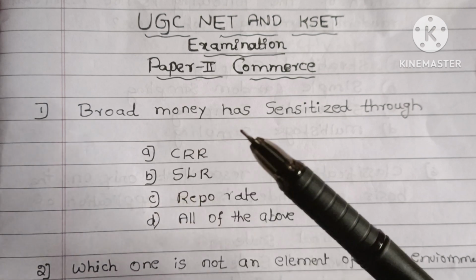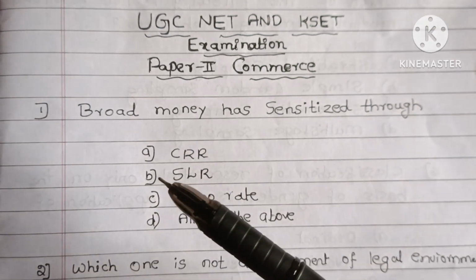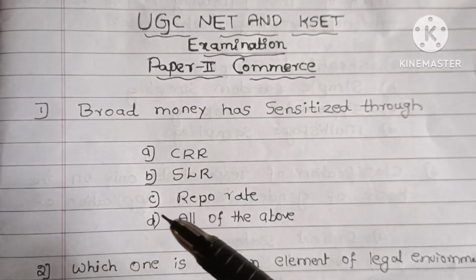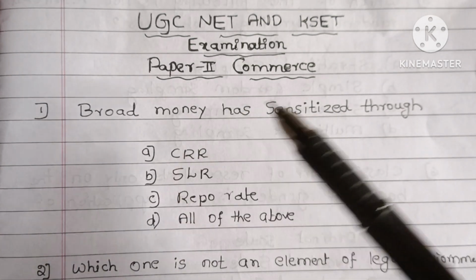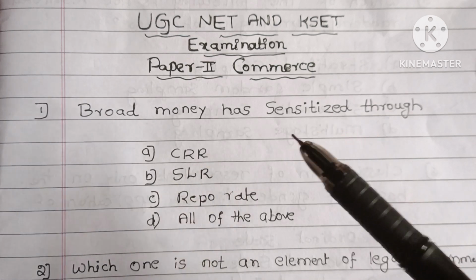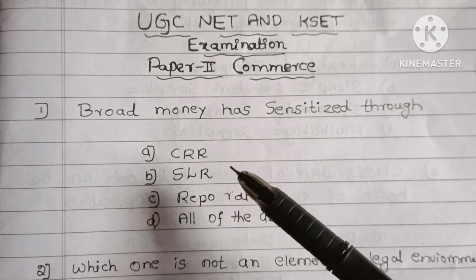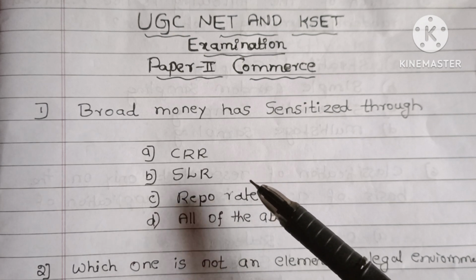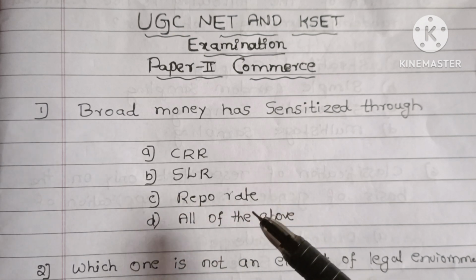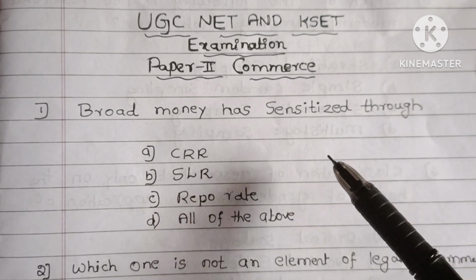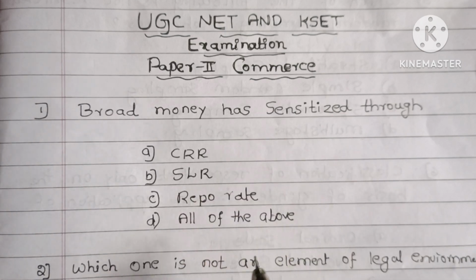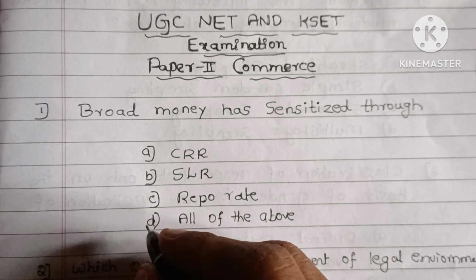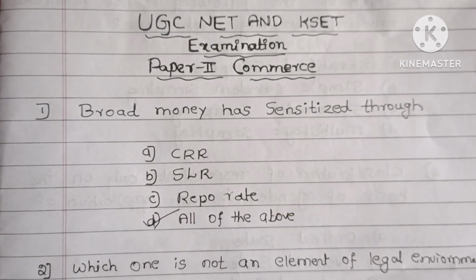It also includes non-cash items that we can convert into cash rapidly. So broad money is sensitized by all of the above. It means the CRR, SLR and repo rate. These three are sensitized through broad money. So the answer is option D. Option D is the right answer.